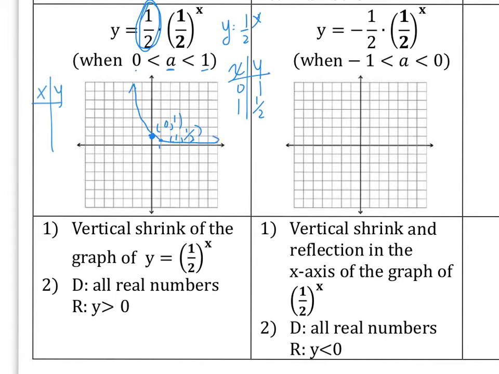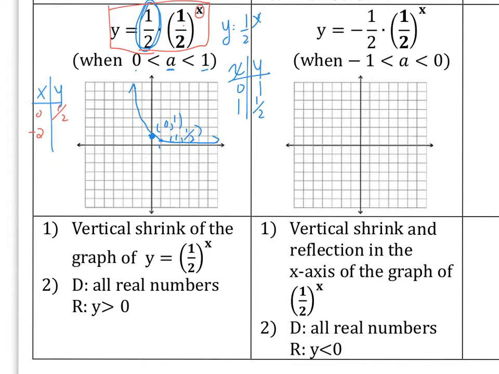Okay, now I'm going to graph this exponential decay function. When I substitute in 0, half times half to the 0 is 1 times half. And then I'm going to use the point negative 2. Okay, and half to the negative 2 power will give you 4.